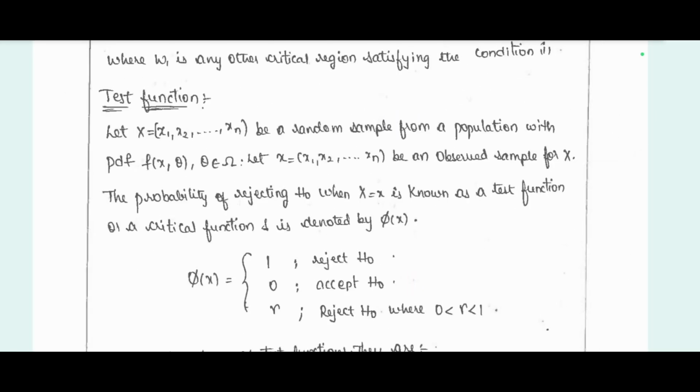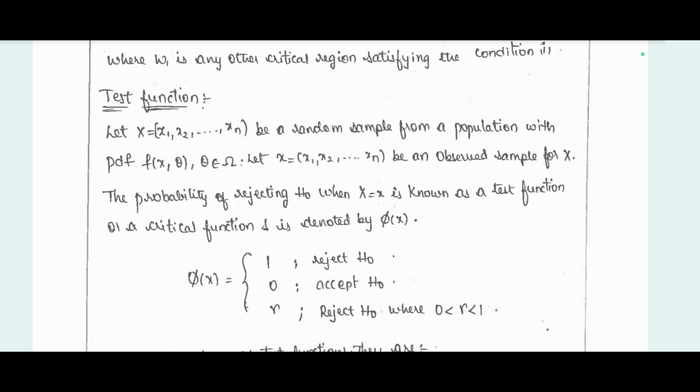Let X equals X1, X2, X3 and so on, Xn be a random sample from a population with the PDF f of x comma theta, where theta belongs to omega, and let x1, x2, x3 and so on, xn be an observed sample of X. The probability of rejecting H naught given X equals x is known as the test function or a critical function, and it is denoted by phi of x.